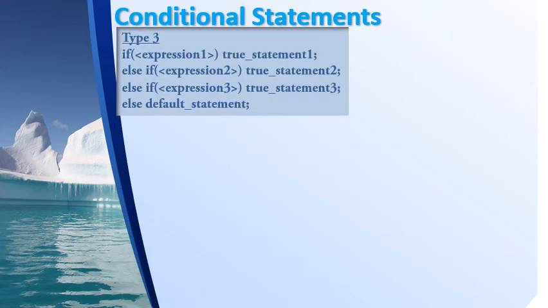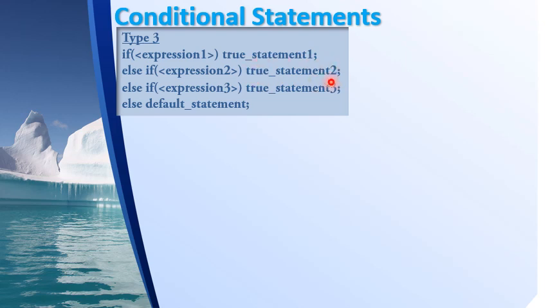Type 3 if statement will have multiple branches. See here, first if expression 1. If the expression 1 is true, then the set of true statements will be executed. If the expression 1 is false, then it will come to the next else if statement, else if expression 2. If the expression 2 is true, then the true statement 2 will be executed.